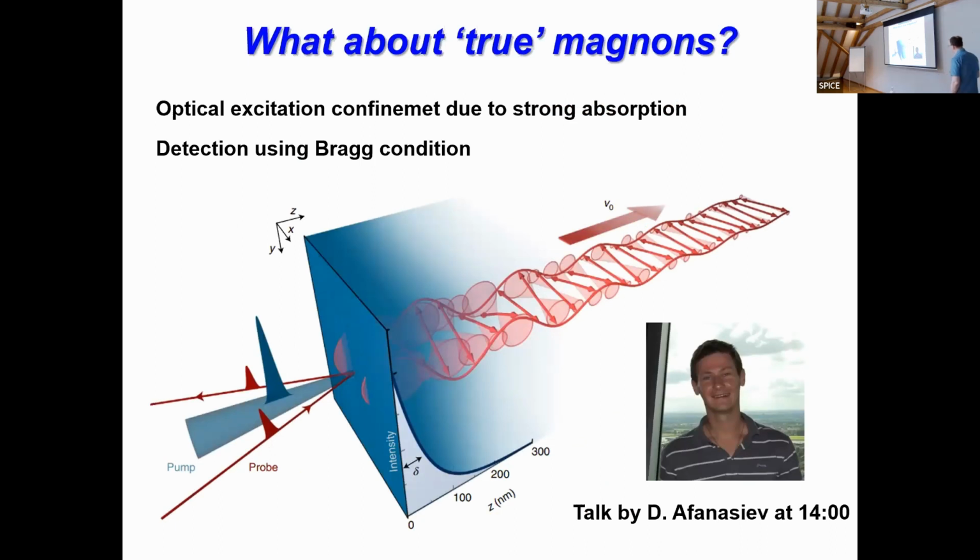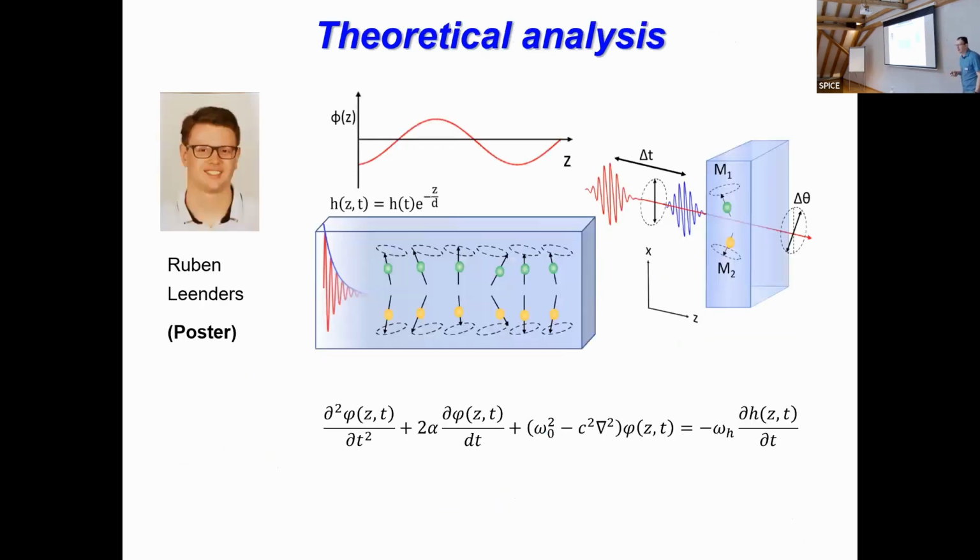So I won't spend much time on this, but I want to very briefly show our latest theoretical results, done together with my PhD student, Ruben Lenders, who also presented it on the poster yesterday, where we calculated the generation and detection of spin waves in antiferromagnets excited by a strongly localized femtosecond or terahertz pulse.